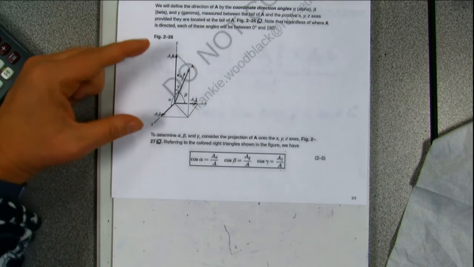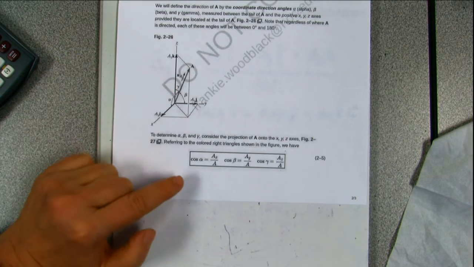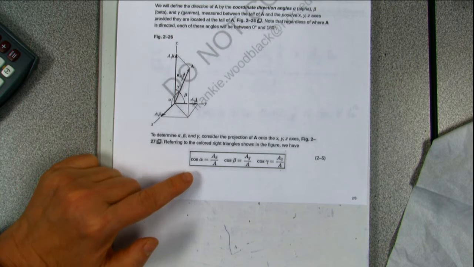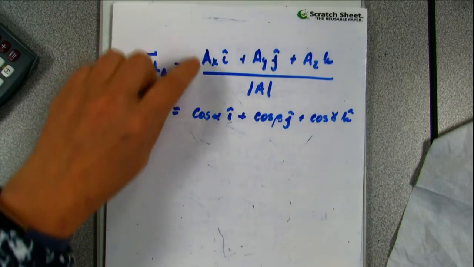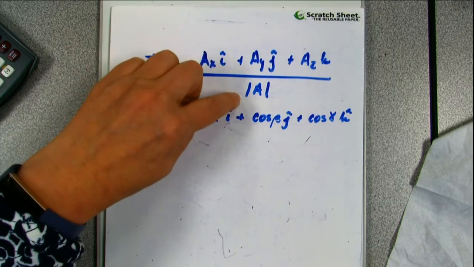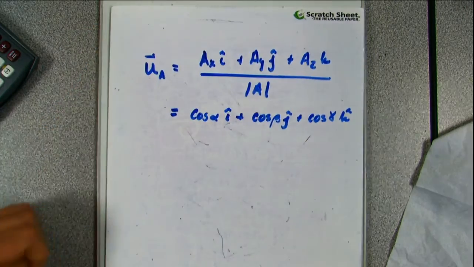So if I'm using this to get my unit vector along this direction, I need my cosine alpha, my cosine beta, and my cosine gamma. So you just substitute in the original, that is AX over the magnitude of A. Yeah, and then cosine is equal to AX over A. Exactly.